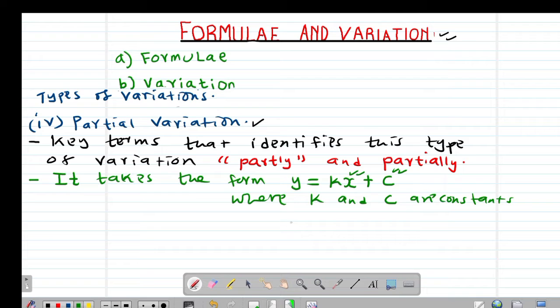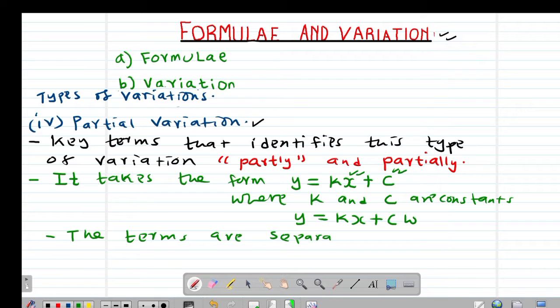Then a partial variation can also take the form y is equal to kx plus cw, in this case, whereby x and w are the variables, whereas k and c are the constants. In this type of variation, the terms are usually added, or separated, by a positive sign.